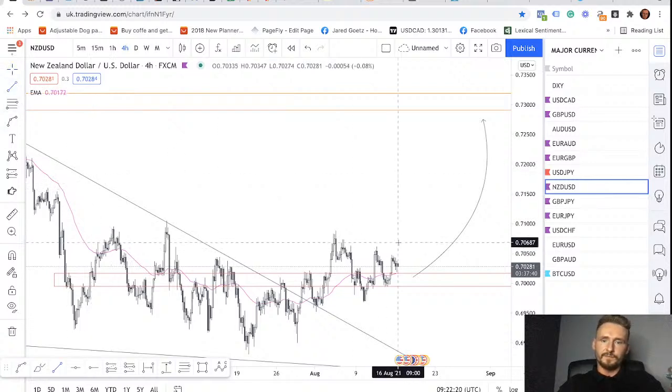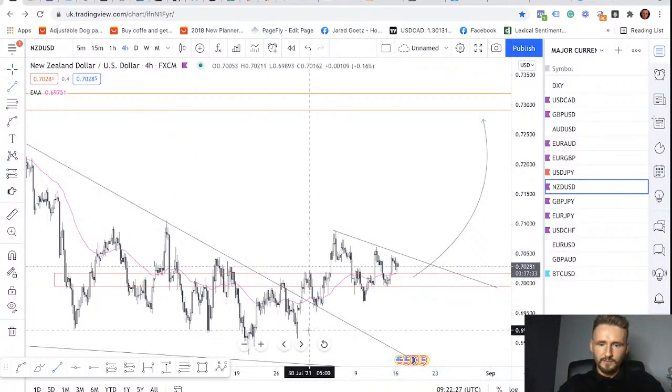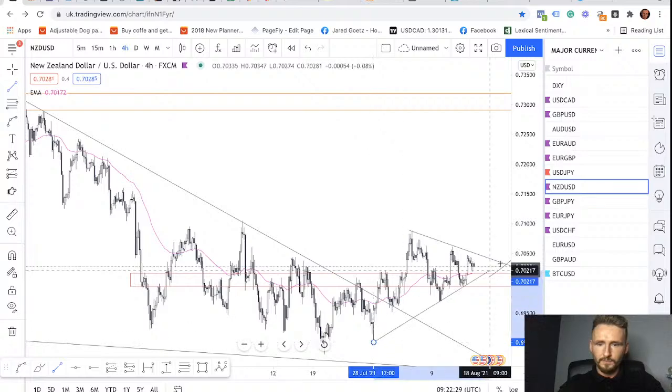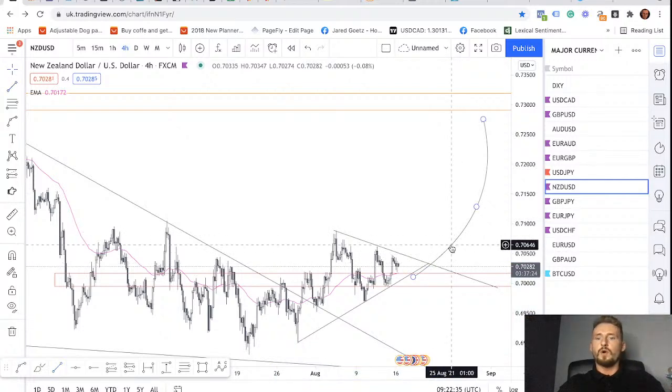But again, could this be a symmetrical triangle? I think we might actually get a symmetrical triangle here. Yep, pretty much. I would say that's pretty solid. Symmetrical triangle. And what happens with a symmetrical triangle?